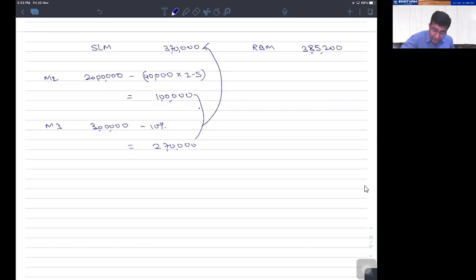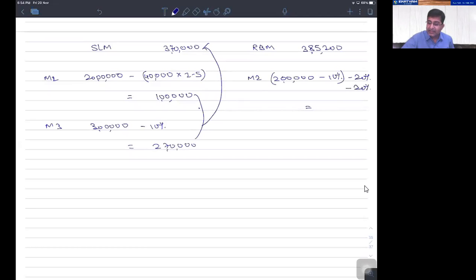Whereas if you are following reducing balance method, M2 के केस में what you are going to do, 2 lakh being the cost of that asset less first year का depreciation 10%. Why 10%? Because asset is purchased on 1st of October, मतलब 6 महीने का depreciation, less 20% for the year 2002-3, and again less 20% for the year 2003-4.